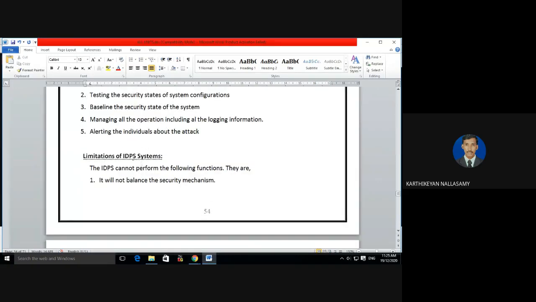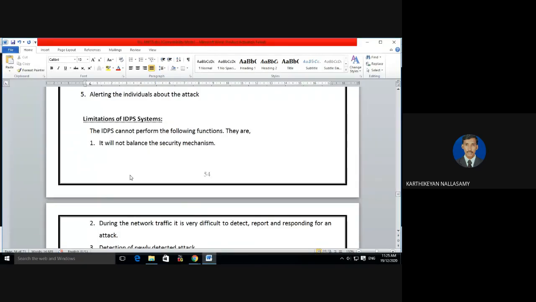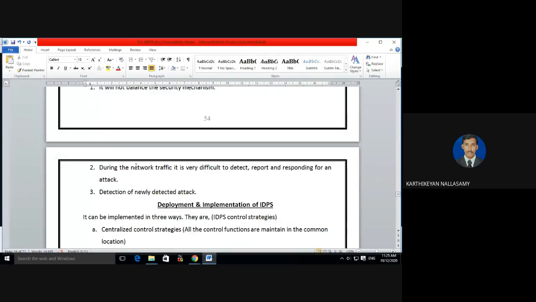But the limitation is that we will not have 100% security. If the traffic is high, meaning more people are coming, it is very difficult to detect, report and respond to the attack. And if a new kind of attack is not defended against, it is very difficult to handle.